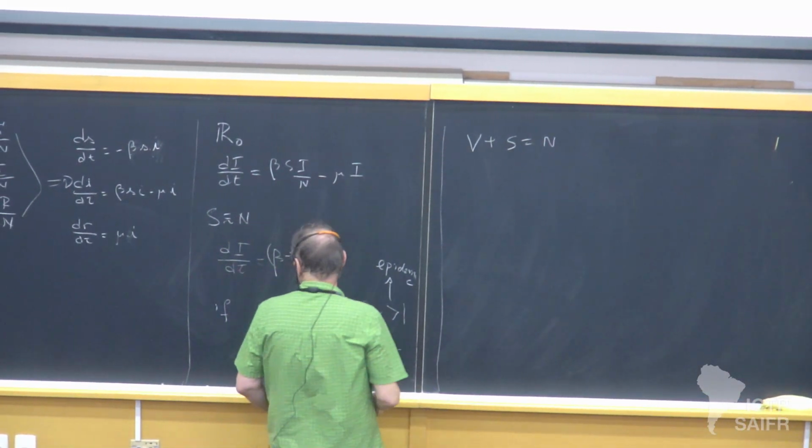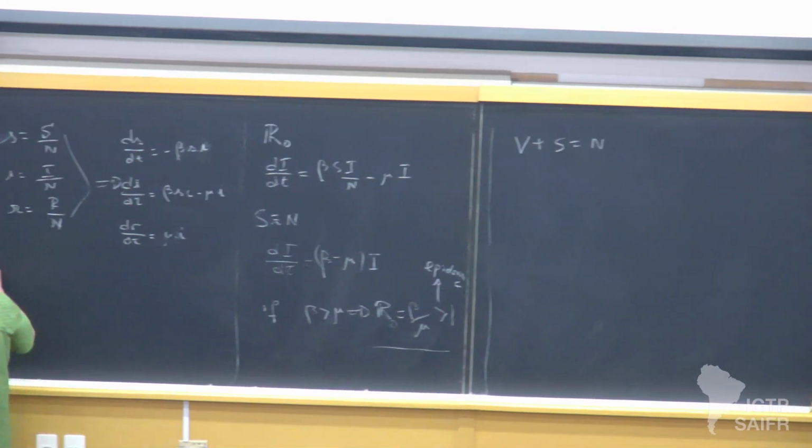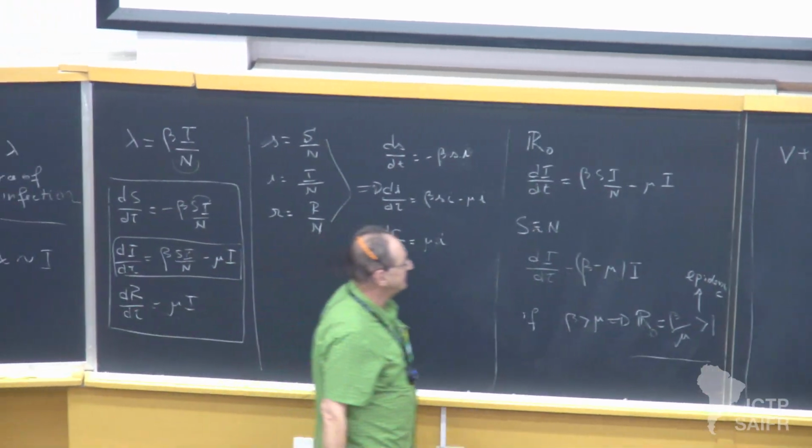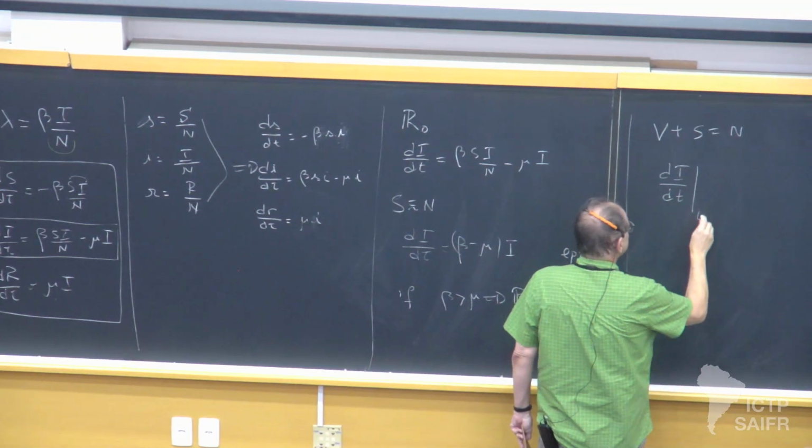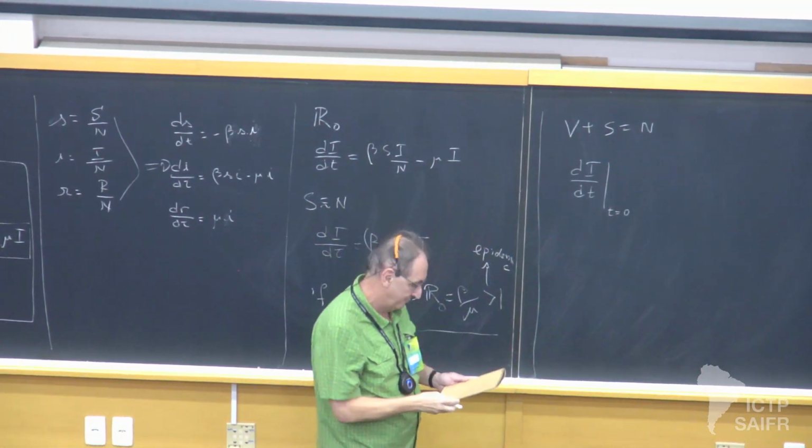So then I go back to this equation, and we have a small modification of it. You have dI/dt, and let's calculate this at t equal to 0, okay?